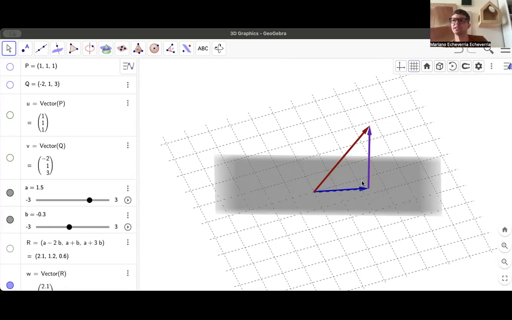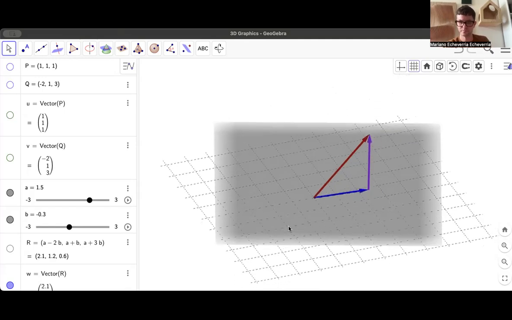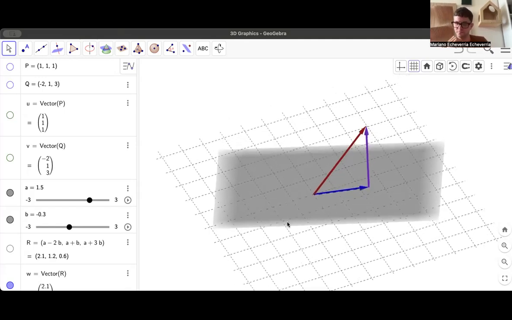What I'm trying to say is that the goal is to find the values for z0 and z1 that would make the purple vector perpendicular to the plane. Okay? Is that making sense?